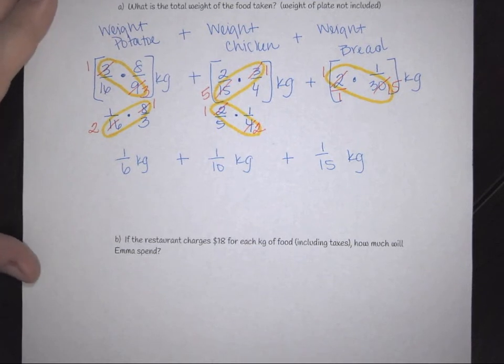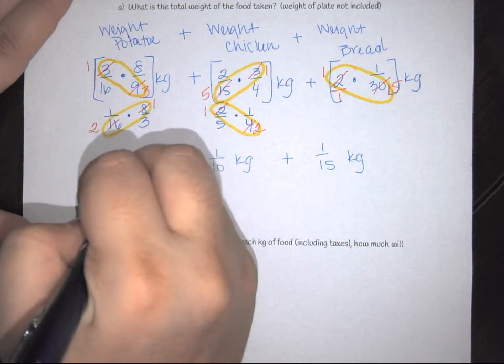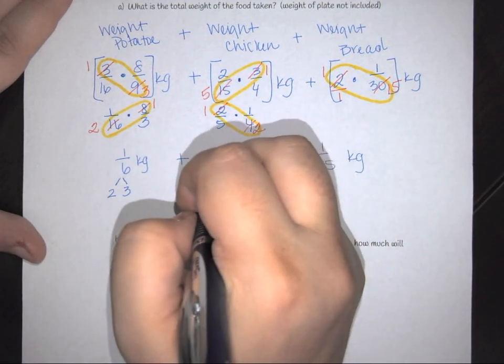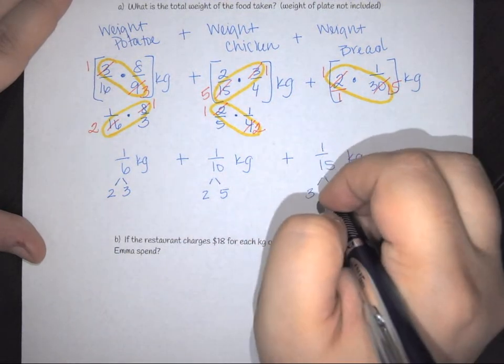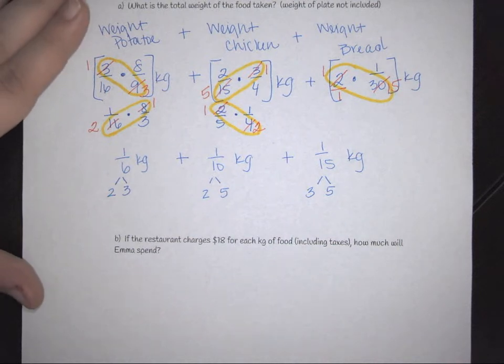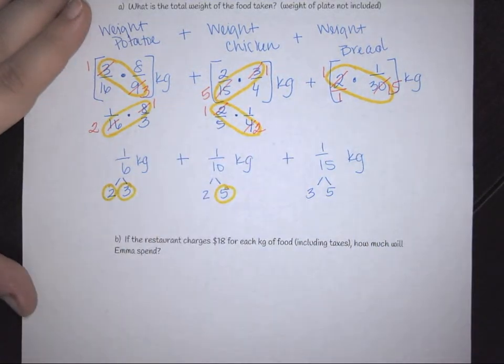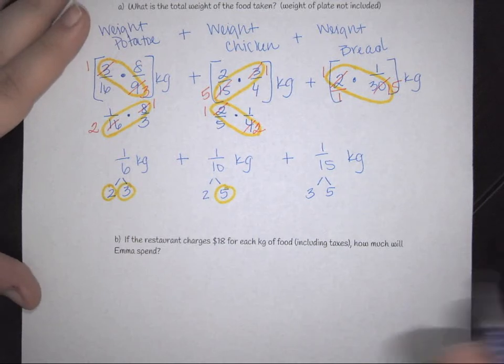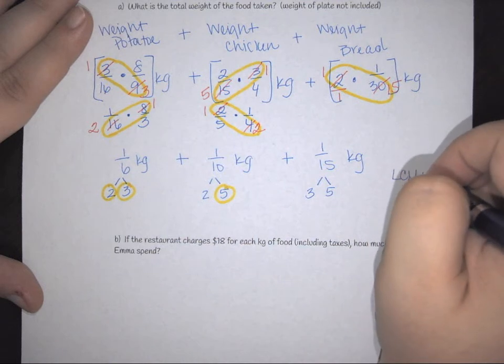So in this case, I know that 6 would reduce to 2 and 3. I know that 10 is going to reduce to 2 and 5. And I know that 15 is going to reduce to 3 and 5. In order to make this work, you have to take the highest power of each term. So I have a 2, I have a 3, I have a 5. So 2 times 3 is 6, times 5 is 30, giving me an LCM of 30.